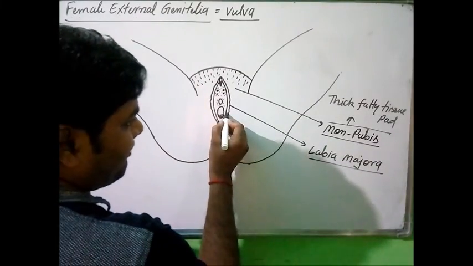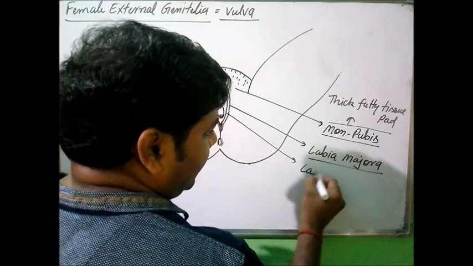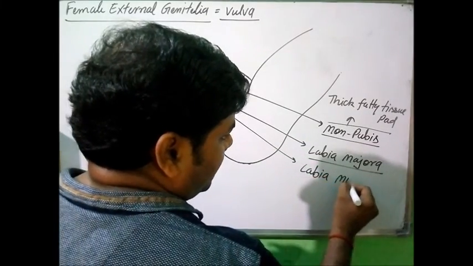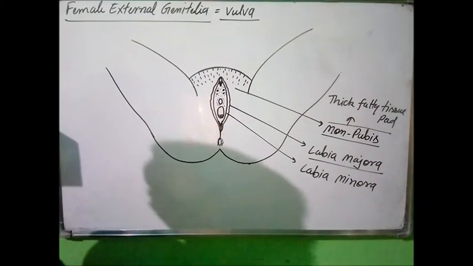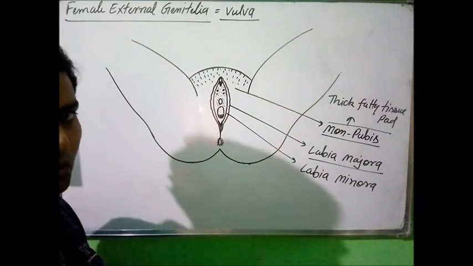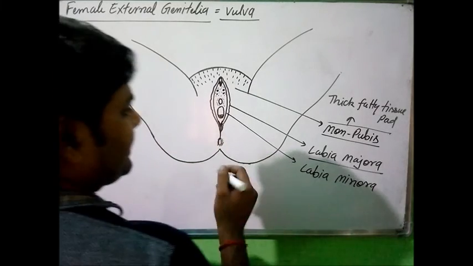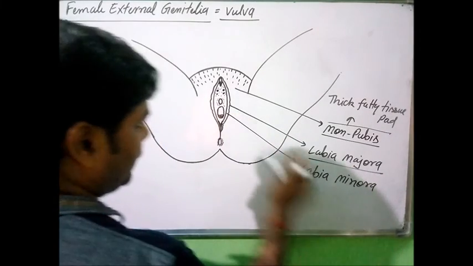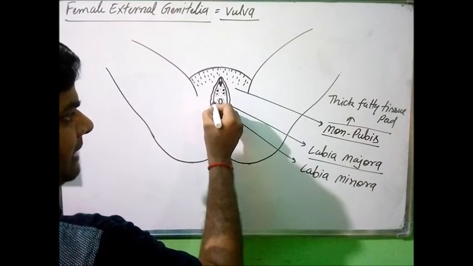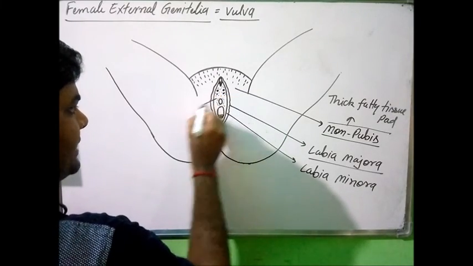Then there is another fold which is inside this labia majora. It is called labia minora. And labia minora as well as majora are both internally lined by mucoid tissue, and that is why they are soft and lubricated, having moisture. Then the space between the labia minora, you can see this is labia minora, this is labia minora, this entire space is called vestibule.